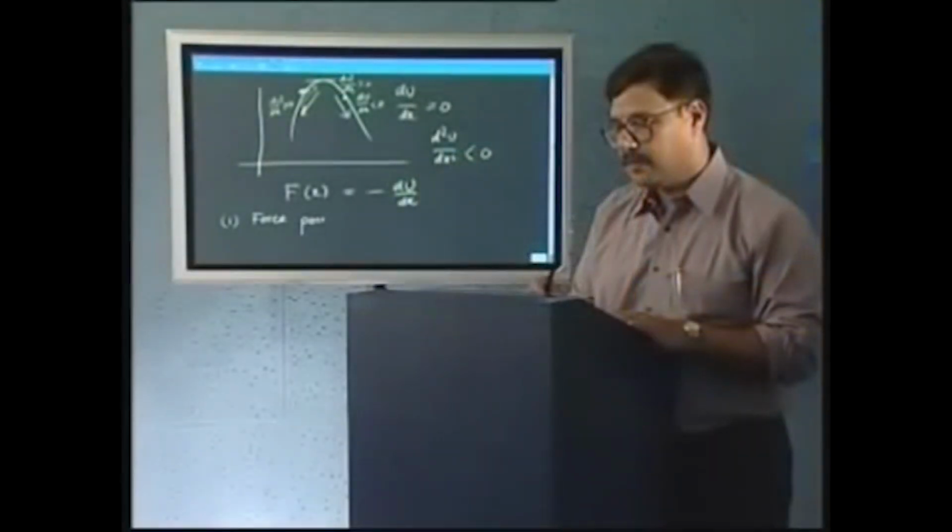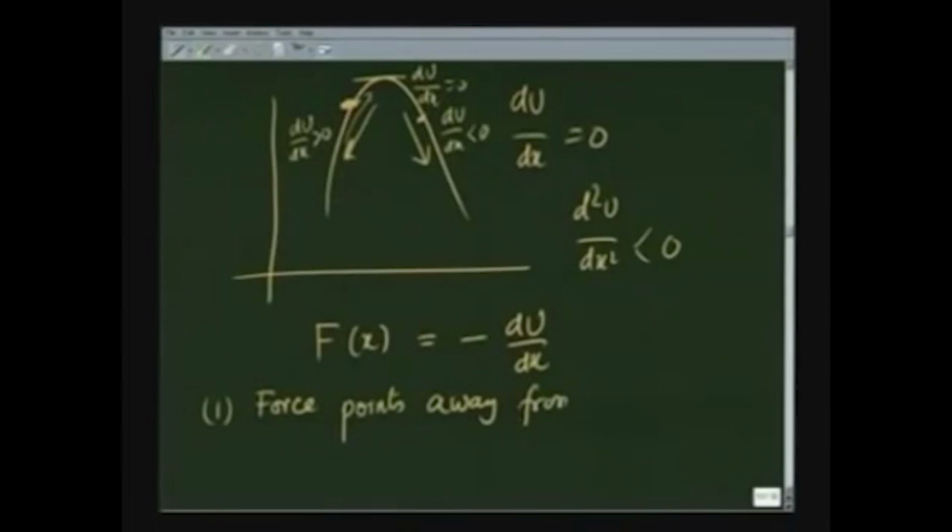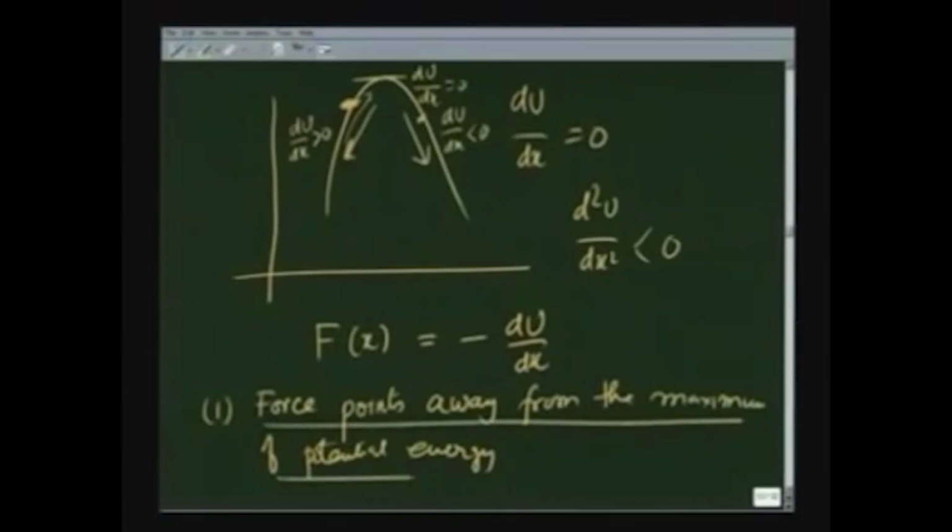So, looking at the maximum, I see that the force points away from the maximum of potential energy. So, any particle at the maximum of the potential energy is going to be running away from it.